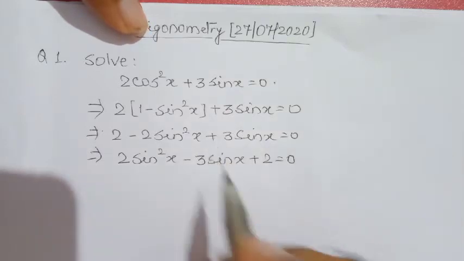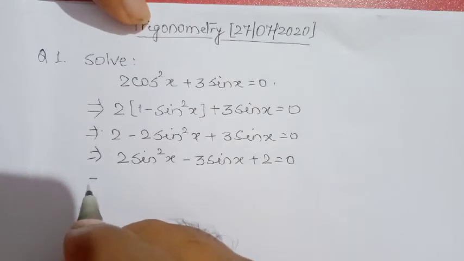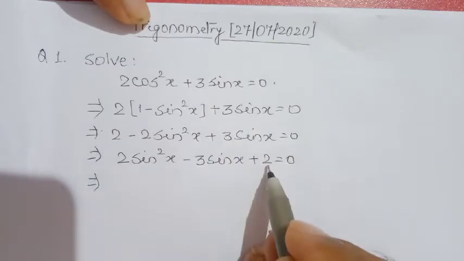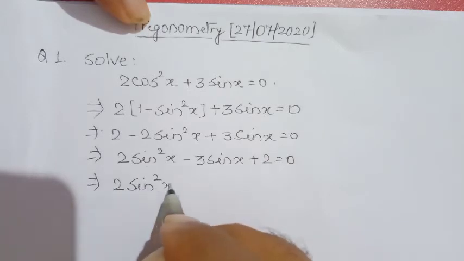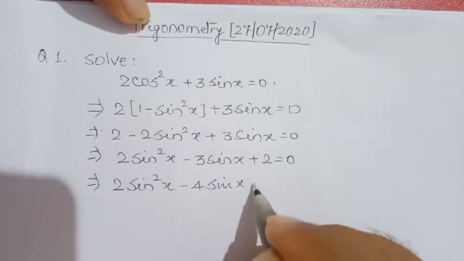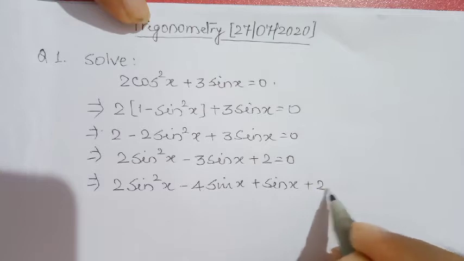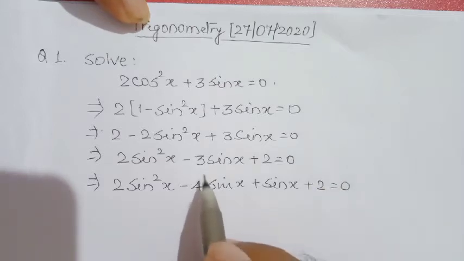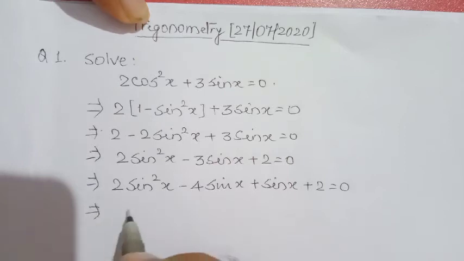So simplify this either by quadratic formula or by splitting the middle term. When you split its middle term, it should be written as 2 sin square x minus 4 sin x plus sin x plus 2 is equal to 0. It means minus 3 sin x should be written as minus 4 sin x plus sin x. Further, 2 sin x should be taken as common.